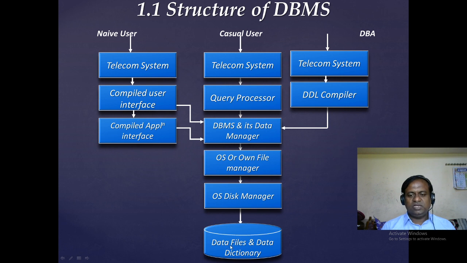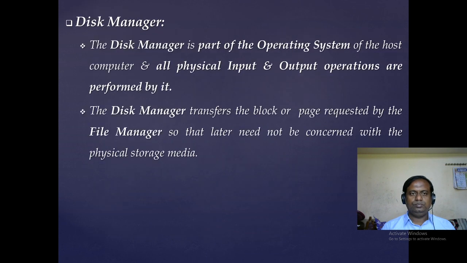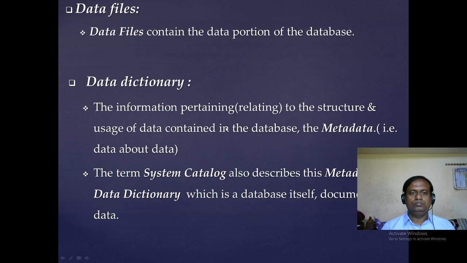So this is the physical file structure that we use to store our database. Data files contain the data portion of the database. That means the actual data that we are storing in the database system will be stored in data files.